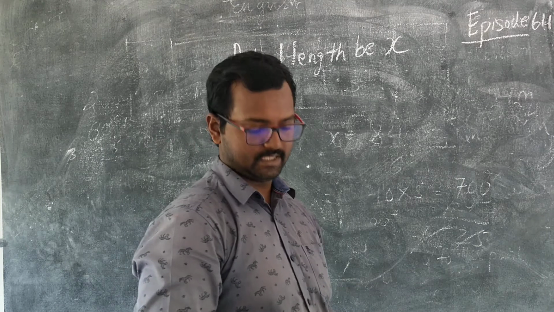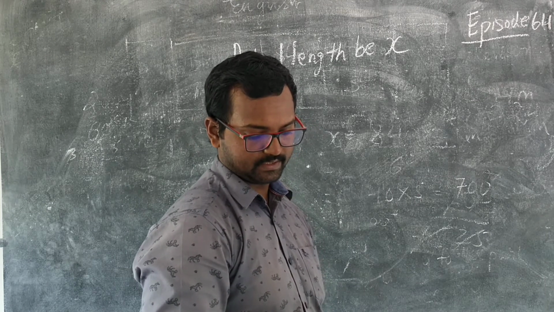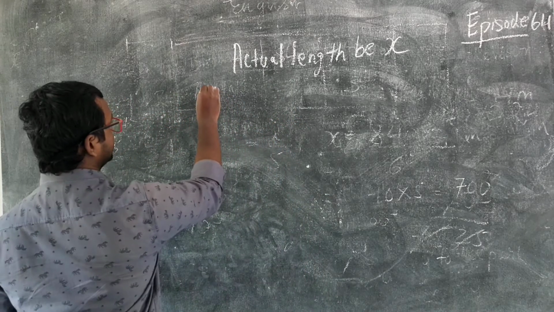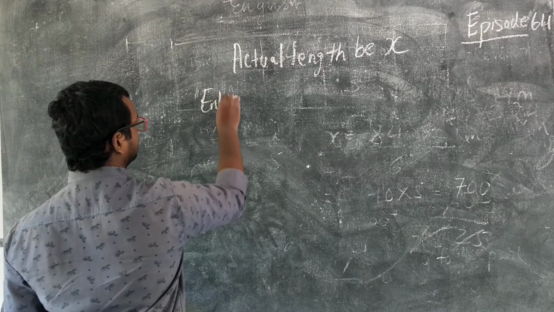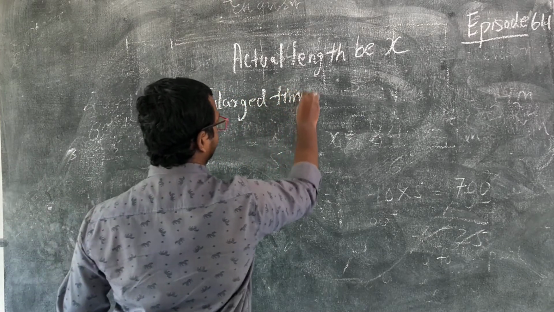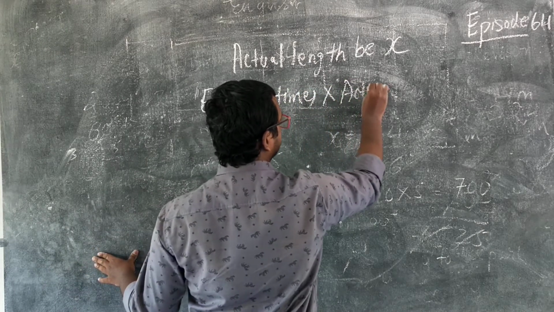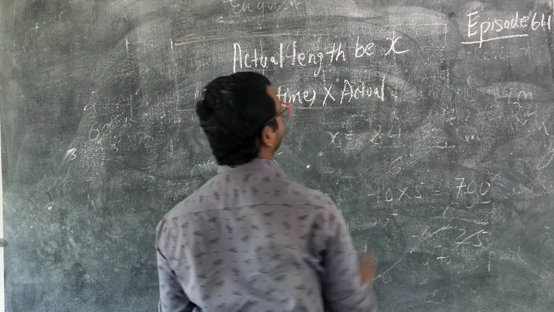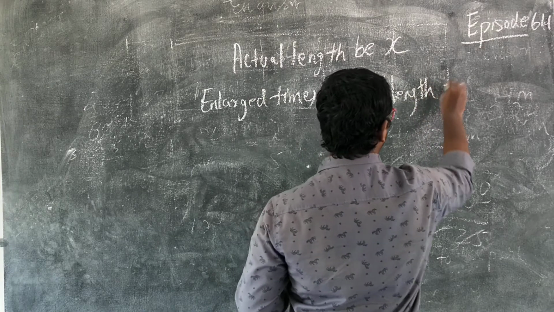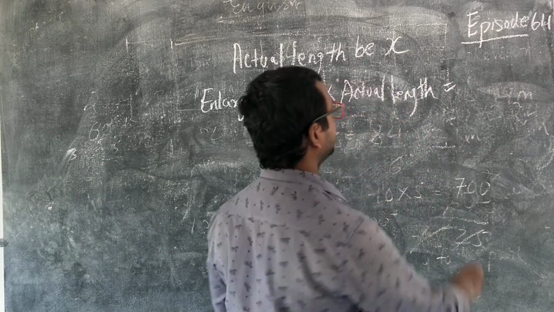There is a very simple formula: enlarged times into actual length is equal to attained length.